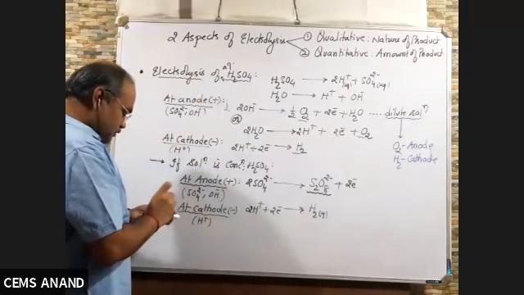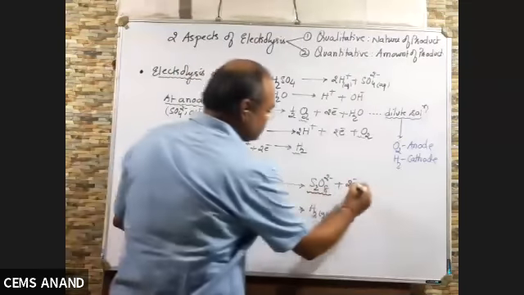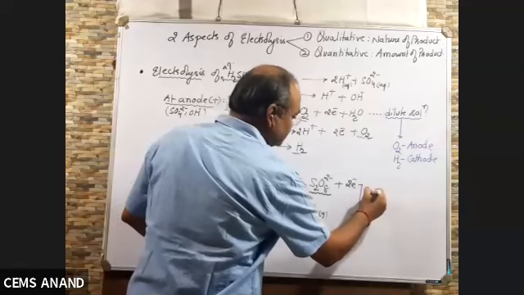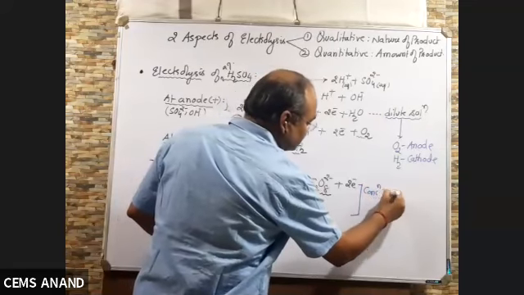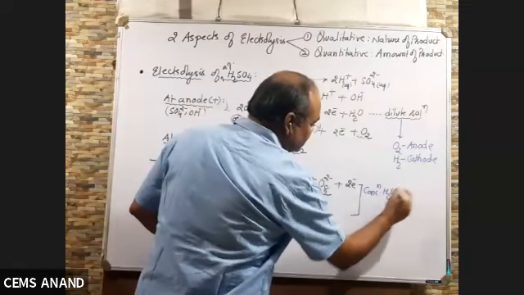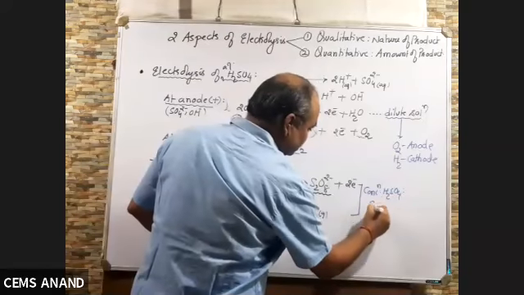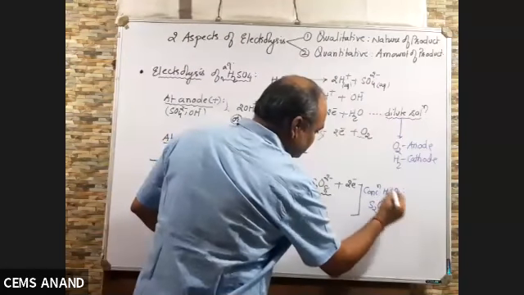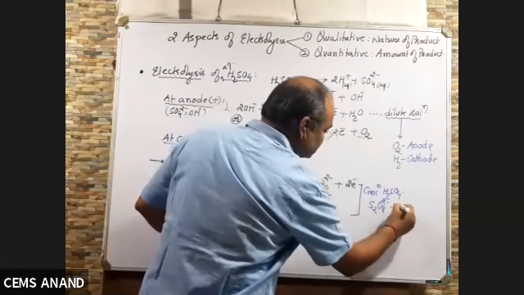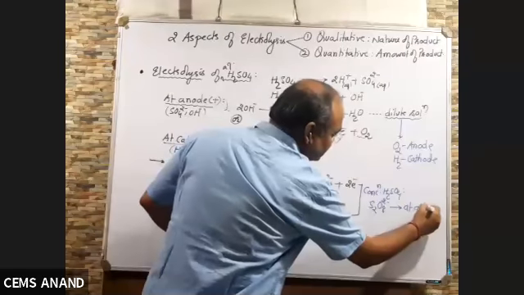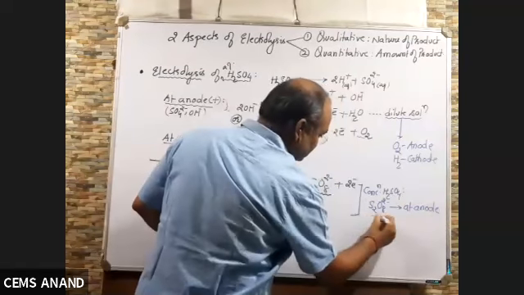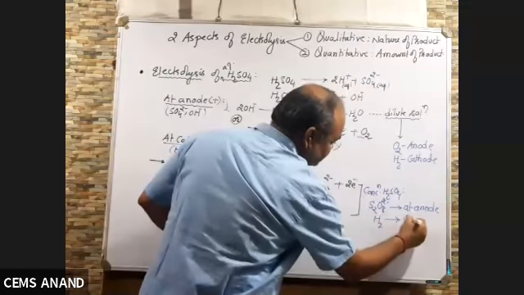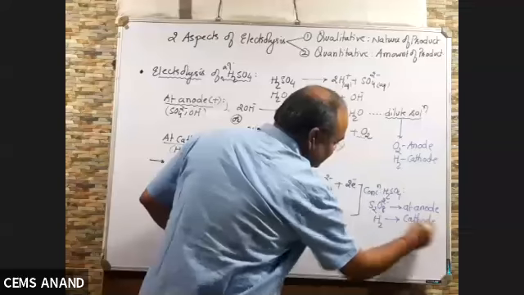So if the solution is concentrated, products are S2O8 2 minus at anode and H2 gas at cathode.